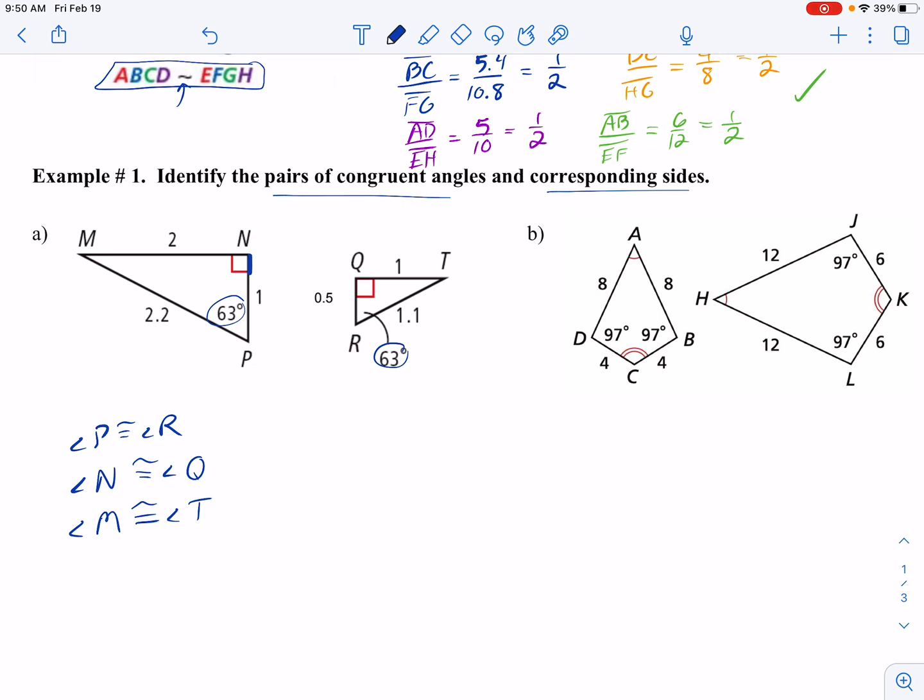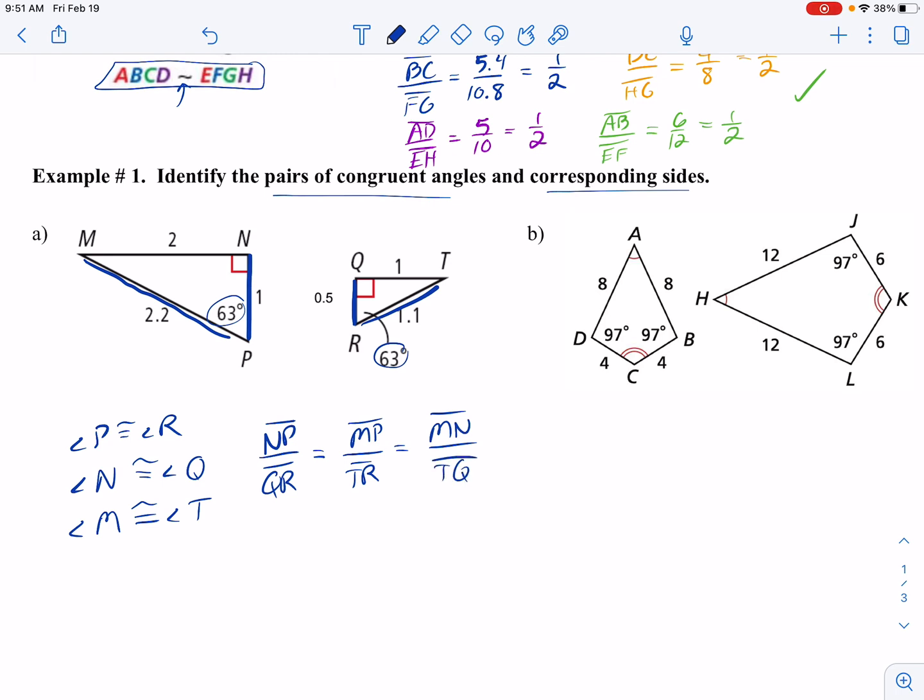So NP corresponds to QR, NP to QR, which is the same ratio as, let's do our hypotenuse, MP to TR, which is the same ratio of MN to TQ.